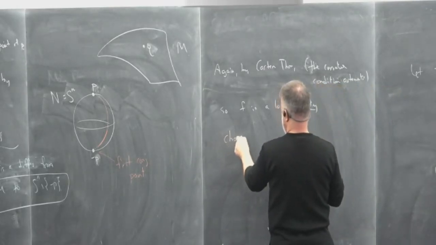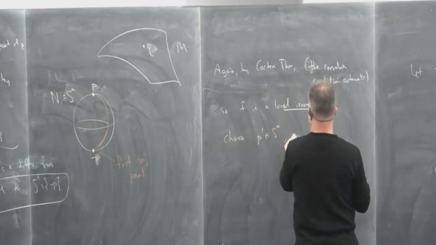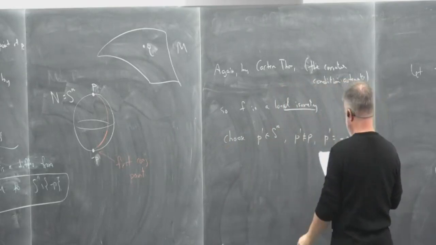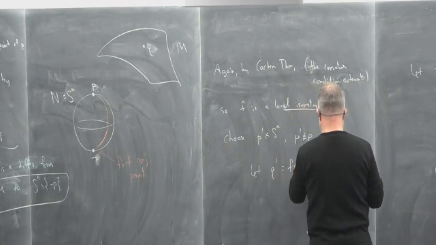Choose a point P prime in the sphere, which is not equal to P and not equal to the antipodal point of P. And let Q prime be F of P prime.